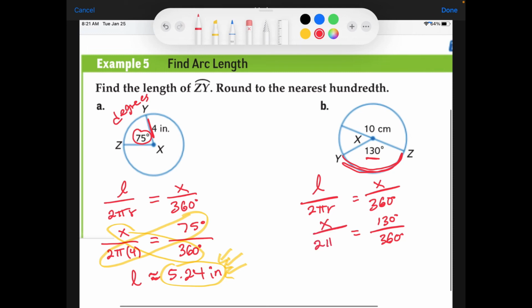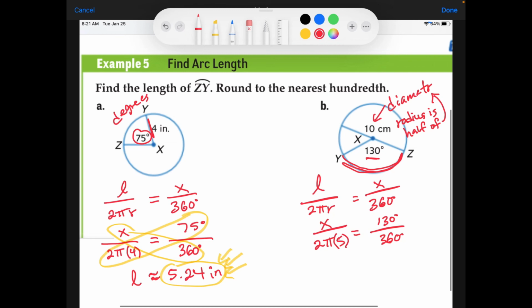We're looking for this arc right here, so we're going to put an x there so we can put it into Desmos. Now they gave you the diameter. If they give you the diameter, remember that the radius is half of that. So I'm going to use 5 instead of 10 here. And your units are in centimeters.